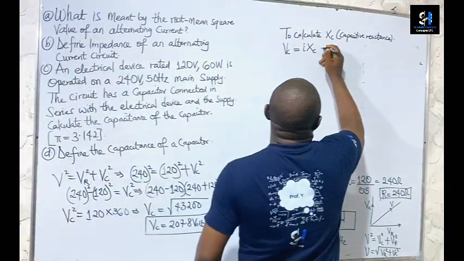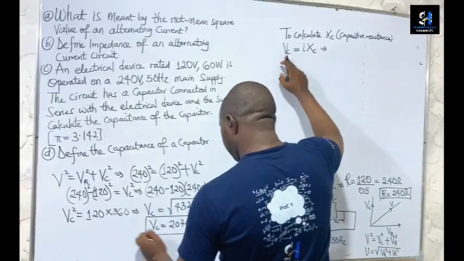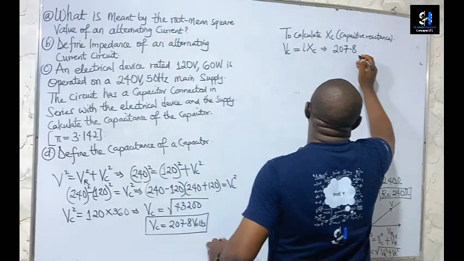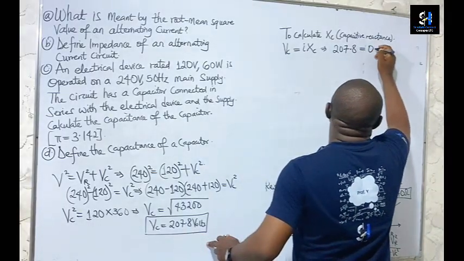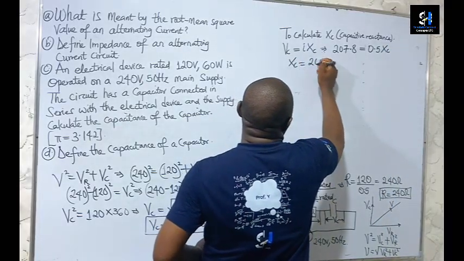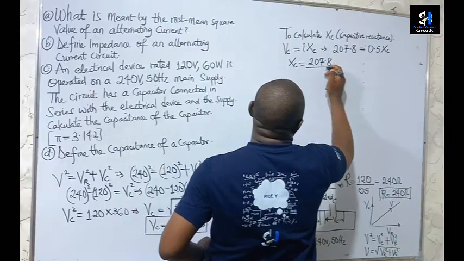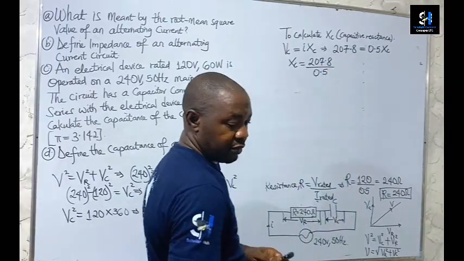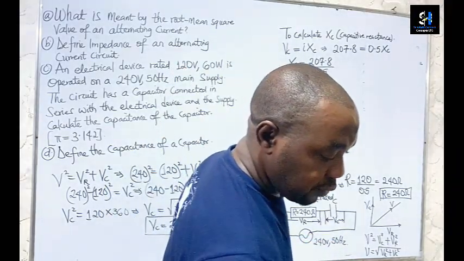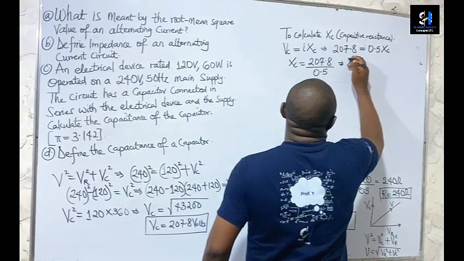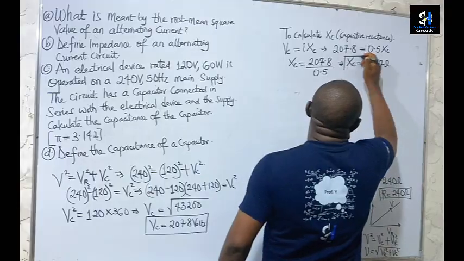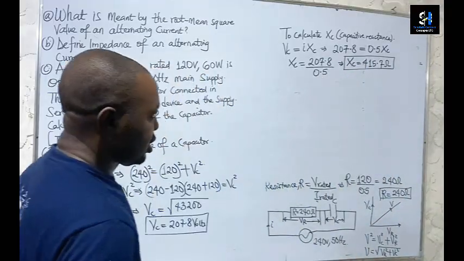So in this case, our VC is 207.8, and this will equal 0.5 multiplied by XC. So XC will be equal to 207.8 divided by 0.5. It's just to multiply the value by 2. That will be 415.7. So XC will be 415.7 ohms. This is the capacitive reactance.